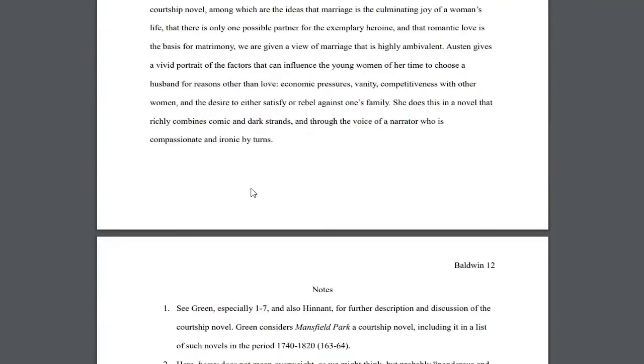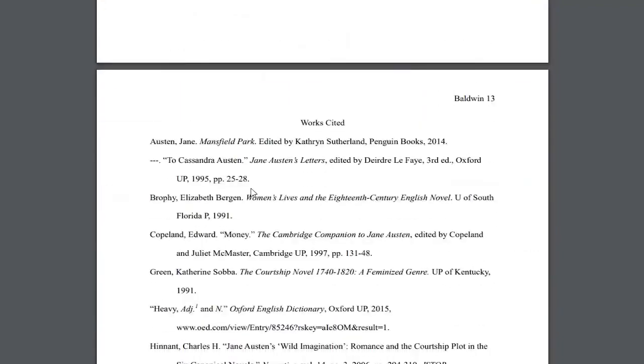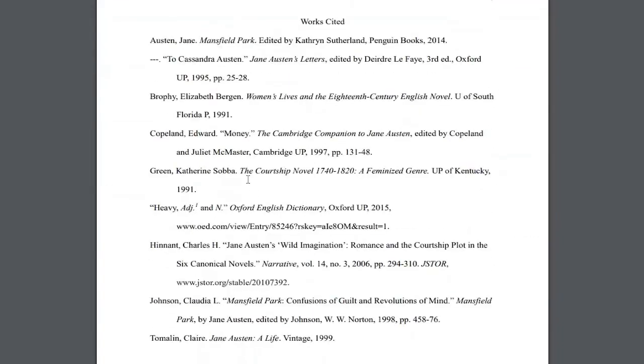And then at the end of your paper you'll have what's called your works cited page. This is where your professor will check to see the kinds of sources that you used in your paper. The in-text citation is really short without a lot of info, but here we have all the details about the different sources you used, what books you read, what articles you looked at, and your professors are going to check this to make sure that you use good quality sources for your paper, like books and academic journal articles from EBSCO.